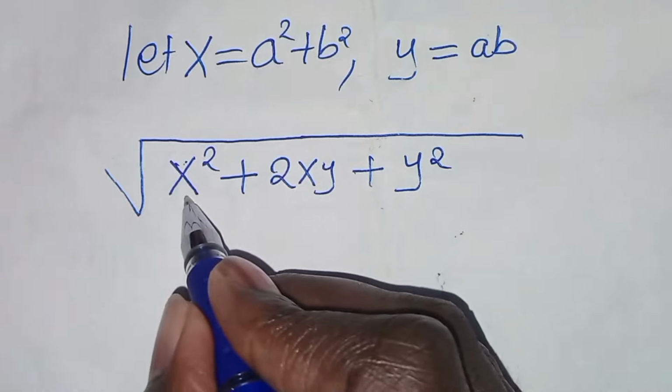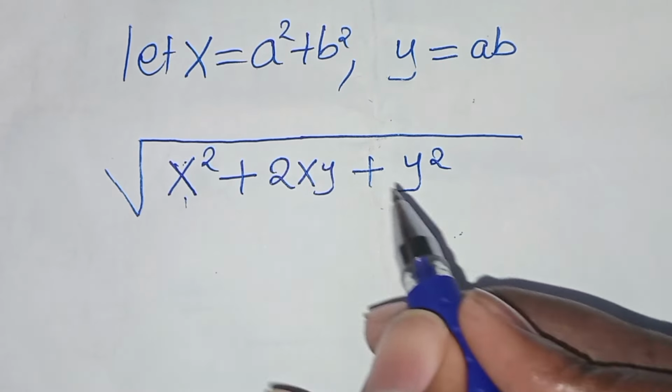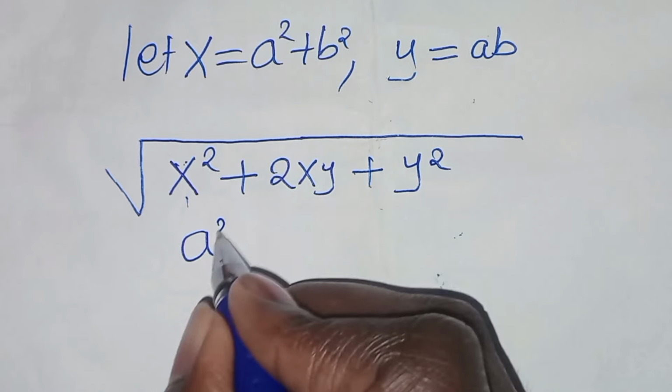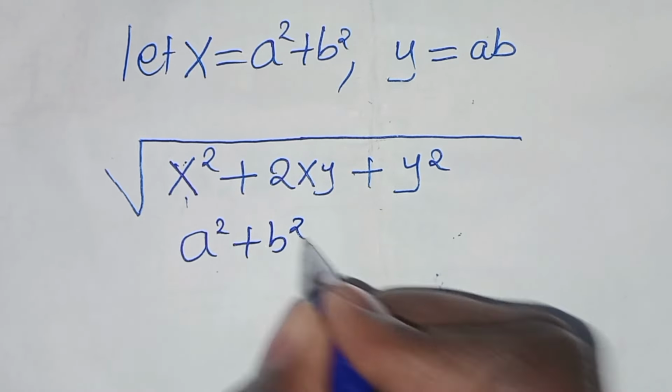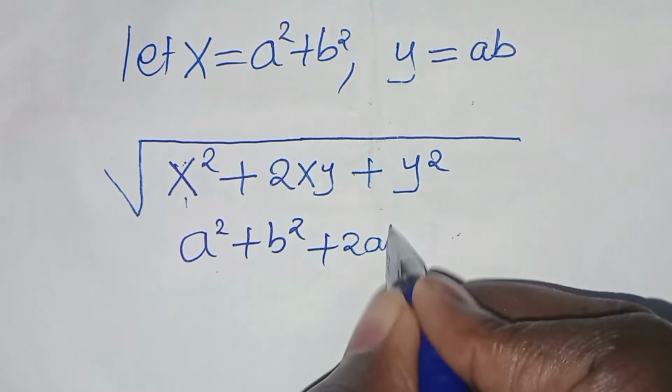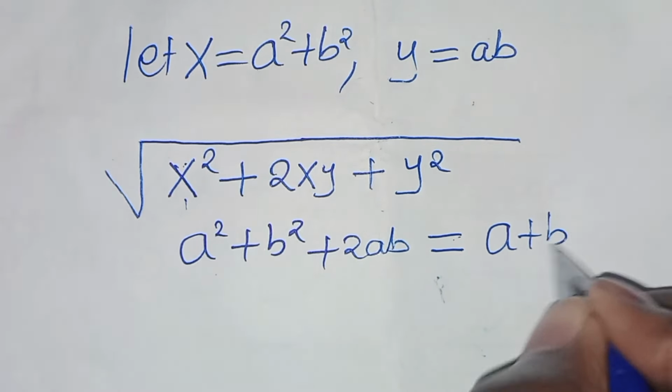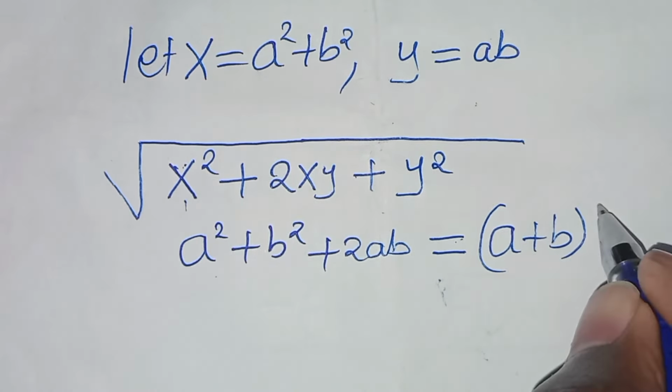We find that x squared plus 2xy plus y squared is in the form of a squared plus b squared plus 2ab, which we can express as a plus b, everything raised to power 2.